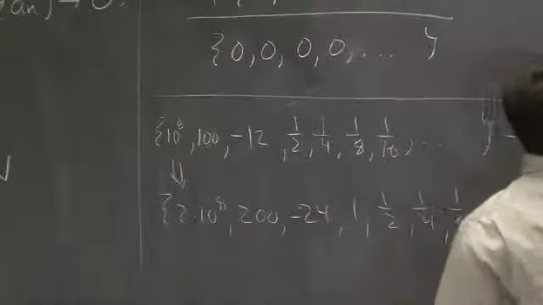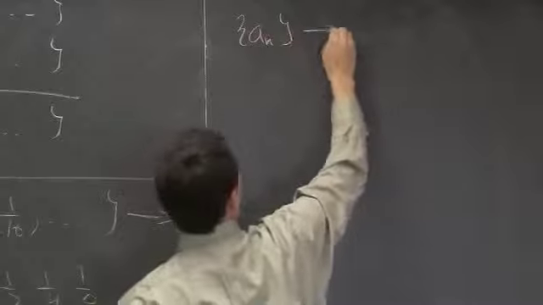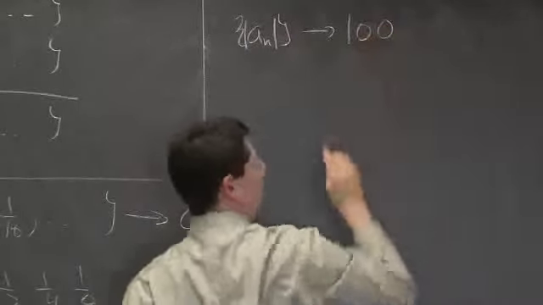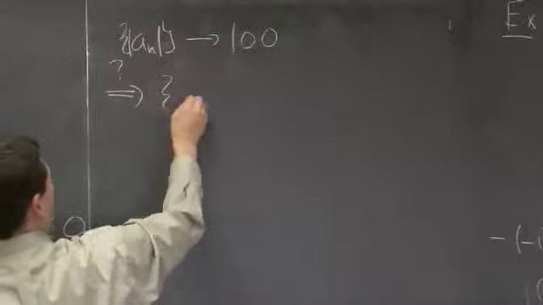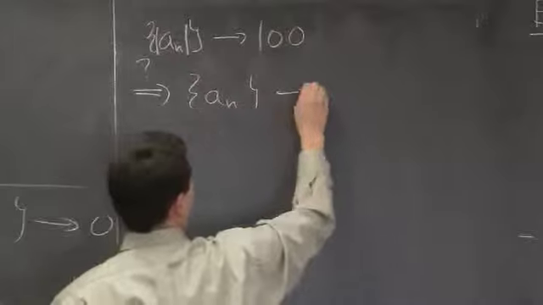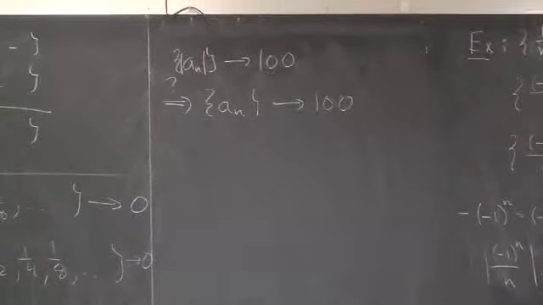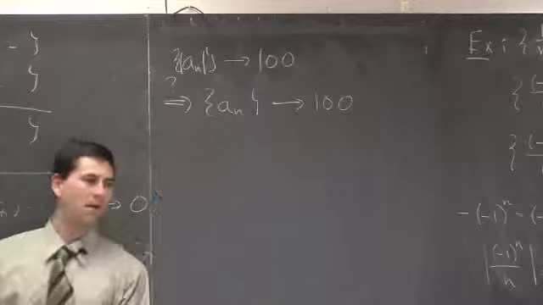So let's say I have a sequence, a_n, such that the absolute value sequence converges to 100. Does this imply that the original sequence converges to 100? Dina says no. Well, more specifically, she shook her head no. Why no?